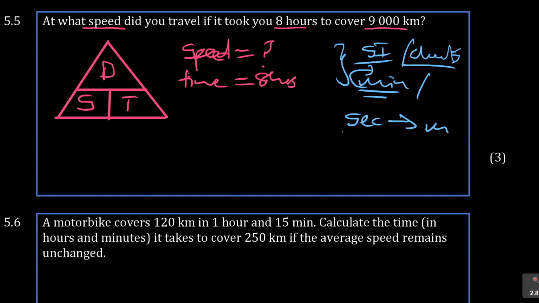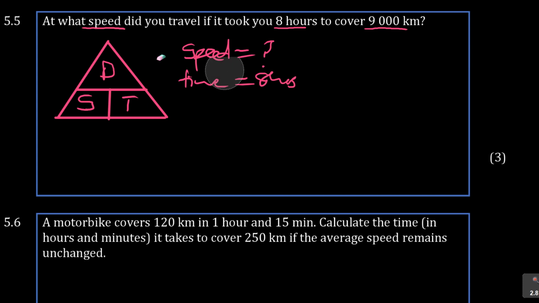You can't work seconds with kilometers. So seconds will link you to meters, just like hours will link you to kilometers. Because when you look at the speedometer, it says kilometers per hour. So always be careful how they are trying to play you around. So 8 hours is fine. And then you've got distance here, which is 9,000 kilometers.